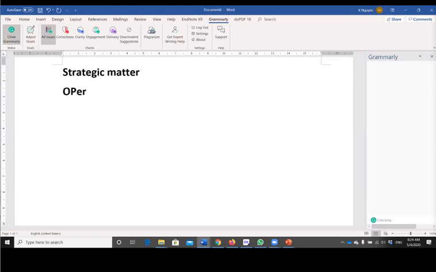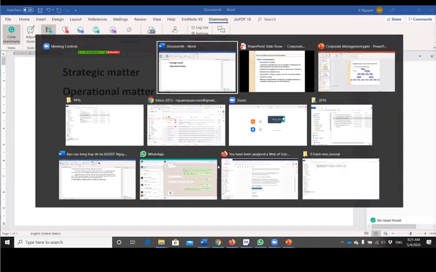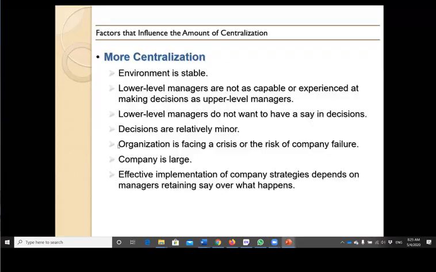Not an operational matter. So it belongs to the job of the strategic managers, it means the top managers, right? Not the operational. Any other ideas about that? Why in this case, people often don't want the involvement of the lower level managers?